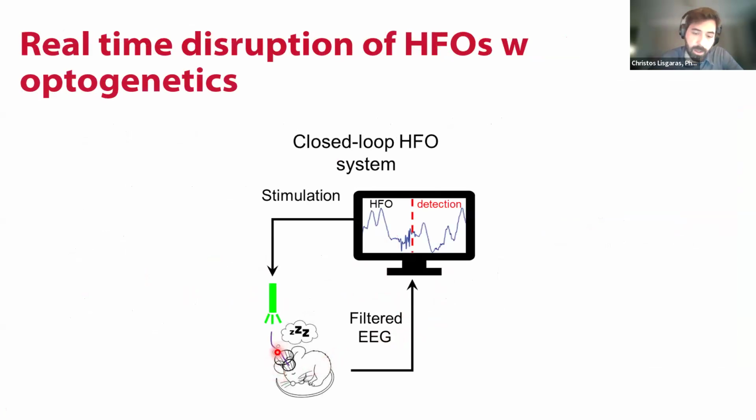Essentially, we record the EEG in the animals. We detect HFOs in real time, and every time that an HFO is detected, we shine light to inhibit a brain area of interest and test whether that is sufficient to stop the HFOs from continuing to occur, and whether that has an effect on memory.